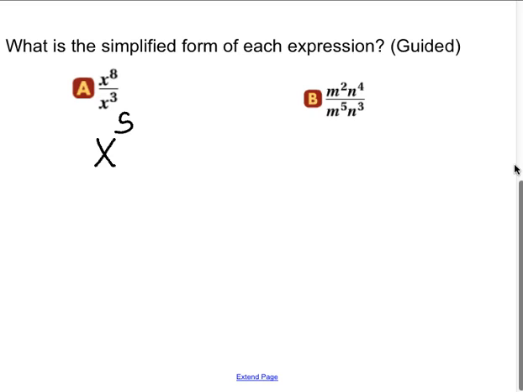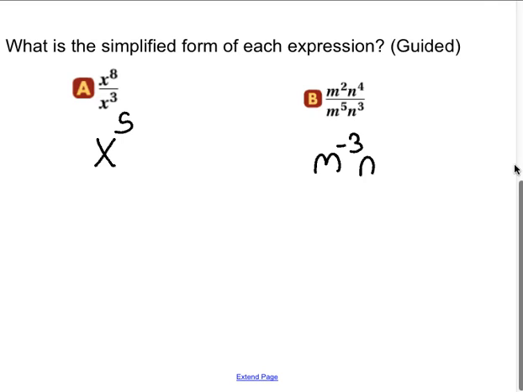All right, for B, we're looking at m to the 2 divided by m to the 5. So 2 minus 5 leaves me with a negative 3. C: n to the 4 divided by n to the 3. 4 minus 3 is an n to the 1, but again, you never really need to show that 1.